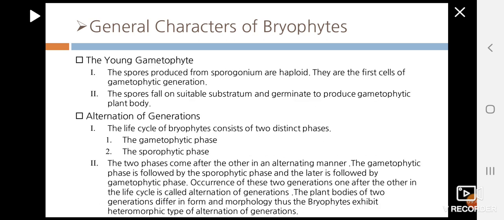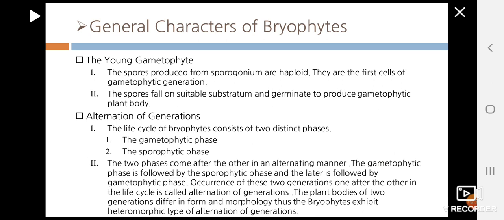Young gametophyte. Now the spores which are produced from the sporogonium are haploid. These are the first cells of the gametophytic generation. When these spores fall on a suitable substratum, they germinate to produce the gametophytic plant body. In this way, the life cycle of bryophytes consists of two distinct phases.